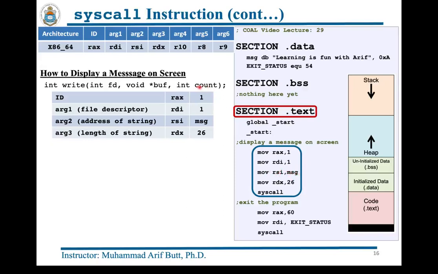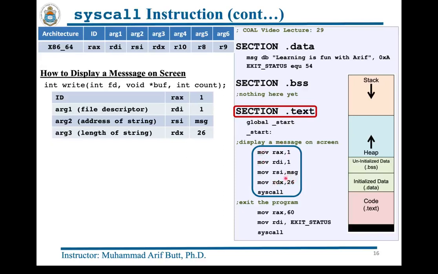And the third argument to the write system call is the length of the string, which we have counted from here as 26. So we need to move 26 inside the RDX register, which is the register containing the third argument to a system call. So this is the instruction move RDX, 26, which will place the length of the string inside the RDX register.